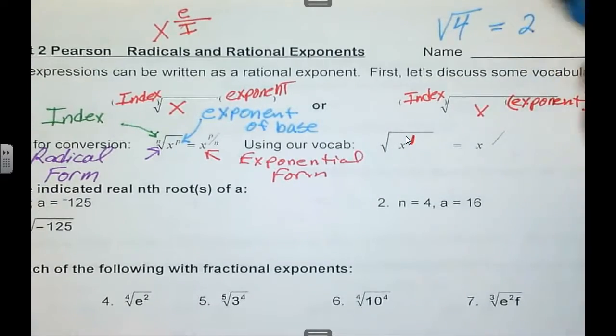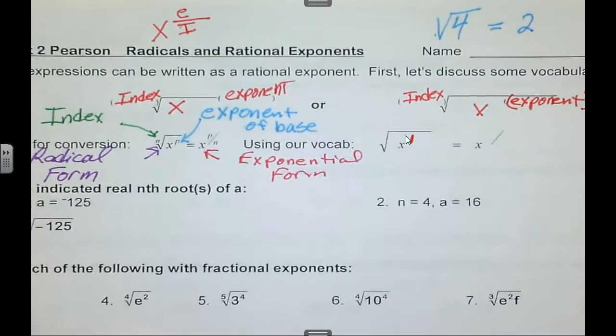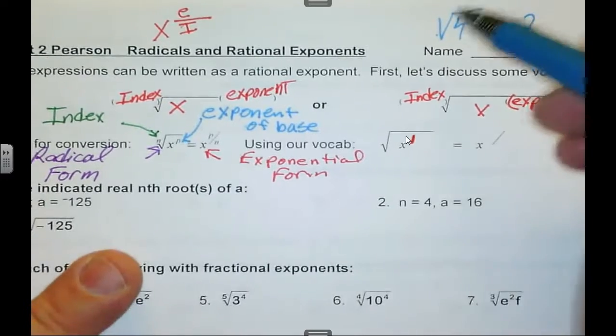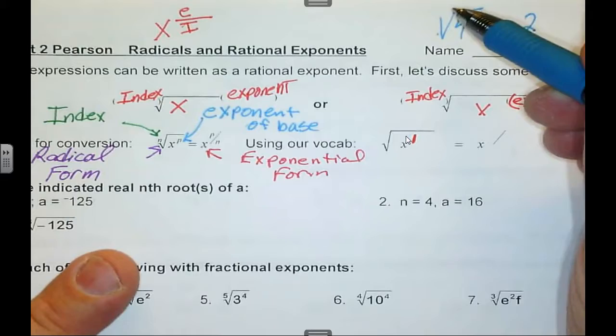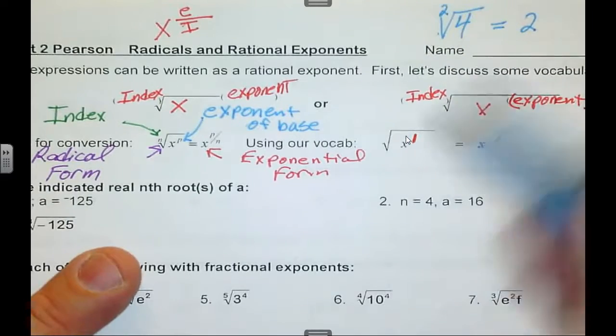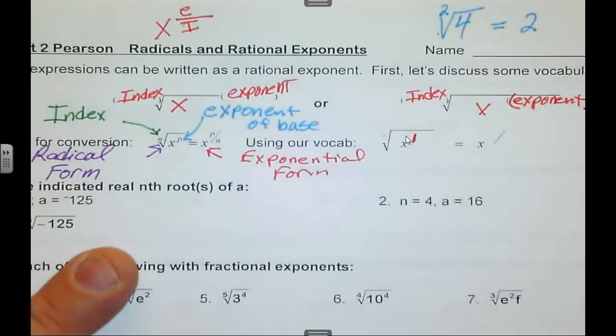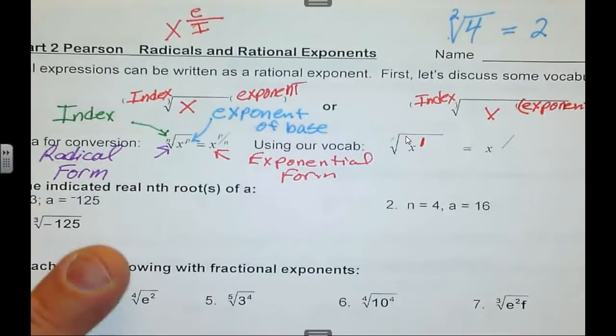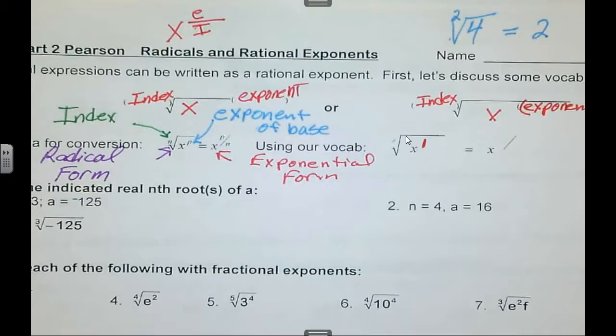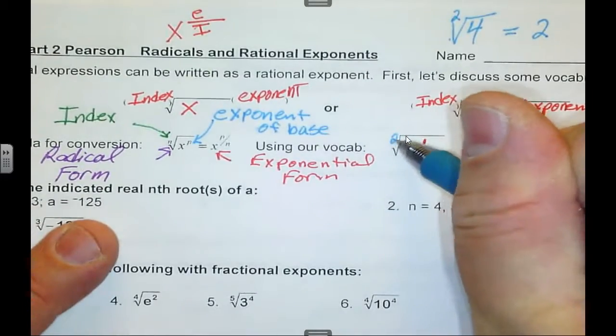So what are you doing with this radical? Square root, right? It's a square root. If it's a square root, what number do you think the index is? Square root 2, right? If there's no number for the index, it's got to be 2.